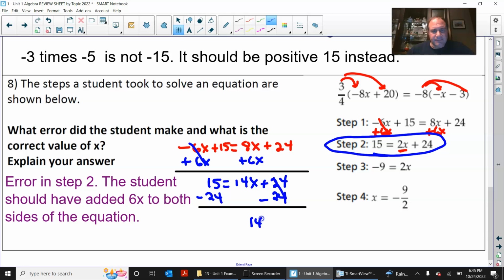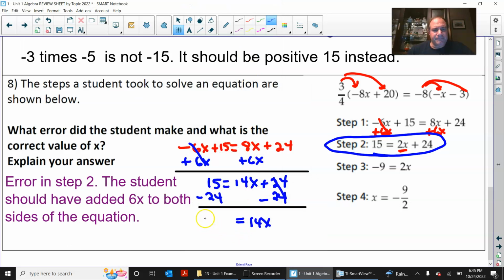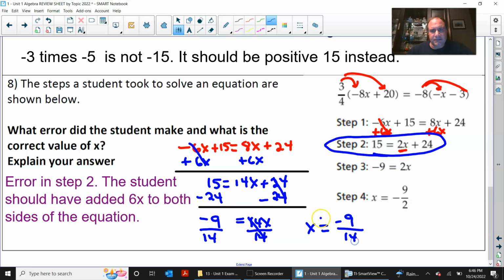You have 14x equals, and just to make sure, 15 minus 24 is negative 9. And you have 14. This cancels. We have x equaling negative 9 over 14. And that is the value of x that you're supposed to get without any of the mistakes that were made.